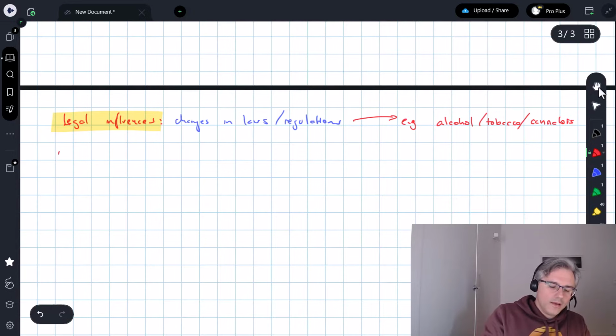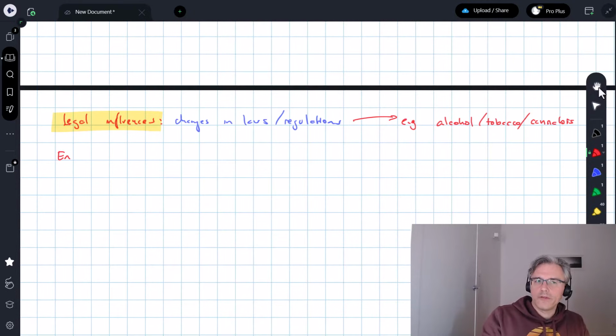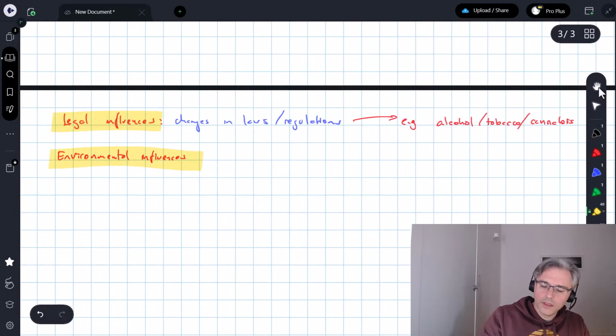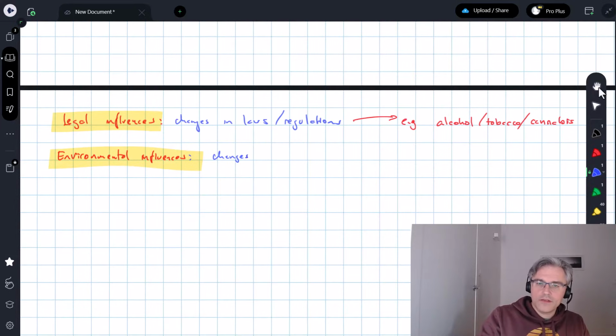Cannabis is an interesting one that's mentioned by your book, where cannabis is being legalized in some places, not in others. And one more, of course, to complete the whole framework, that's environmental influences. And the curriculum here says, well, these are changes or trends associated with changes to or from lower carbon economy transition.